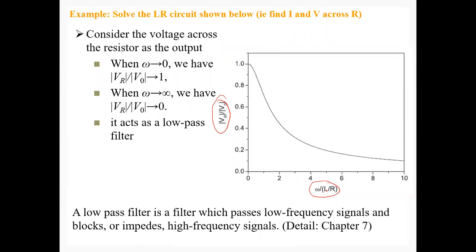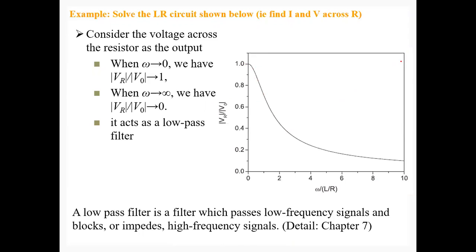L over R is just a constant, so the only thing that varies is omega. We are just normalizing with respect to L over R, that's all. So this guy looks like this. You can use Excel, MATLAB, Octave, or any software to plot the graph, and you will see this.